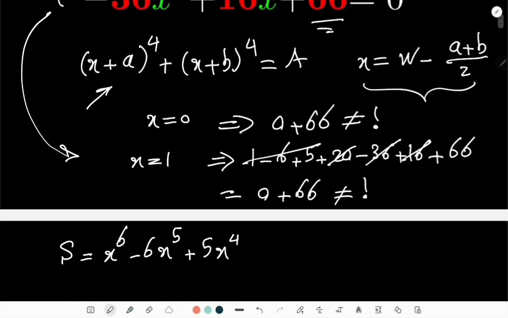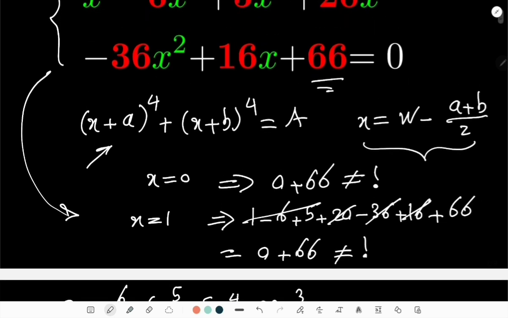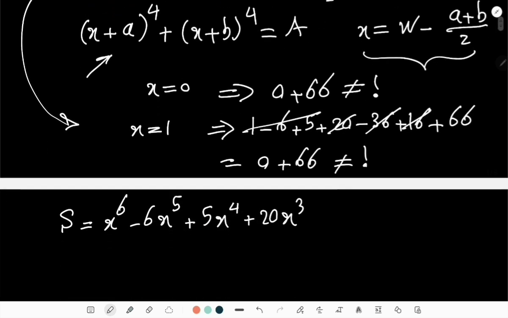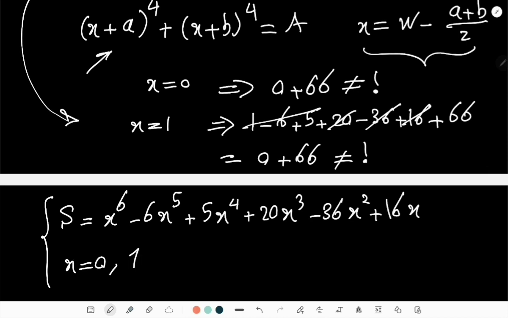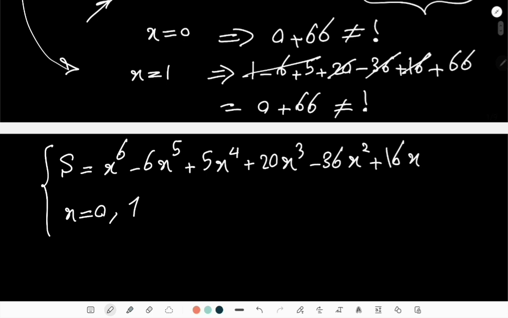We know already that for this expression, x equals 0 and 1 are two answers. So in order to simplify this, I'm going to divide this by the factor x times (x minus 1), which is basically x squared minus x.